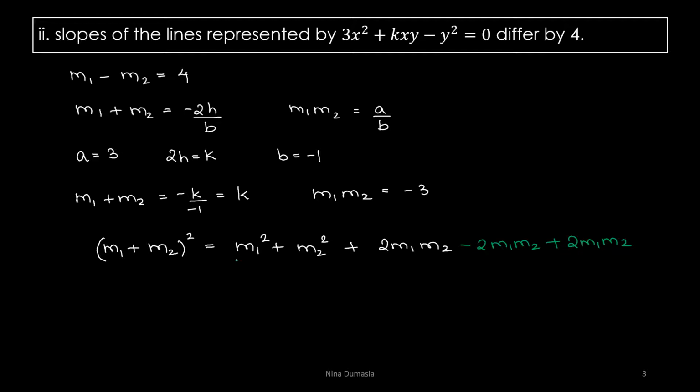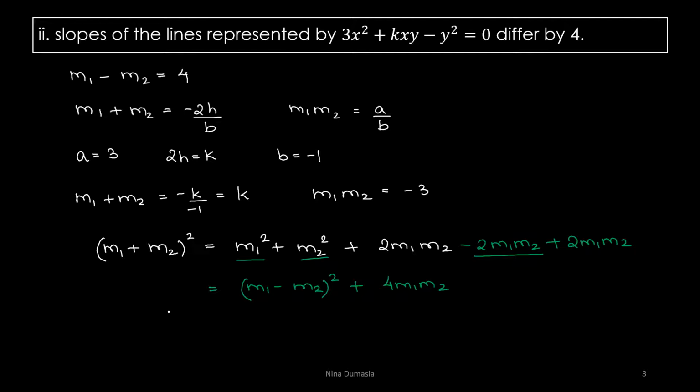Now if you combine m1 square m2 square minus 2 m1 into m2, then you will get m1 minus m2 the whole square, and you are left with plus 4 m1 into m2. Okay, now we have the values for each of these brackets.